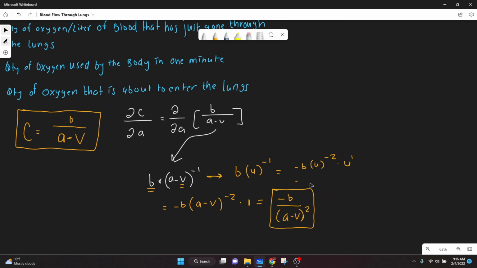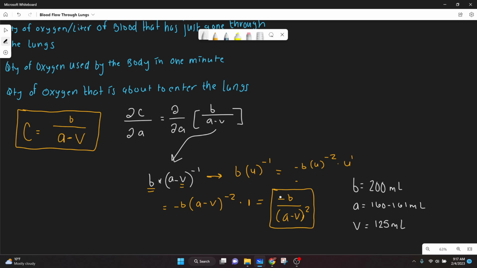So if we insert some values, let's say B is 200 milliliters. Let's say A is changing from 160 to 161 milliliters. And let's say V is equal to 125 milliliters.